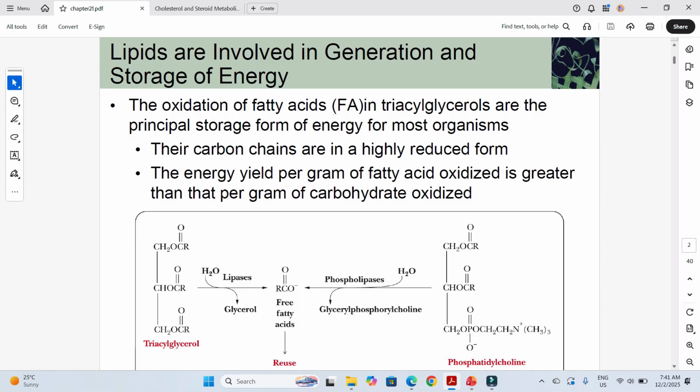We attribute this to the fact that fatty acids consist of a number of carbon-hydrogen bonds. Carbon-hydrogen bonds have high energy. It's the reduced form. It's a reduced bond, right? When I speak of reduced bonds, I speak of atoms that have high electron density.